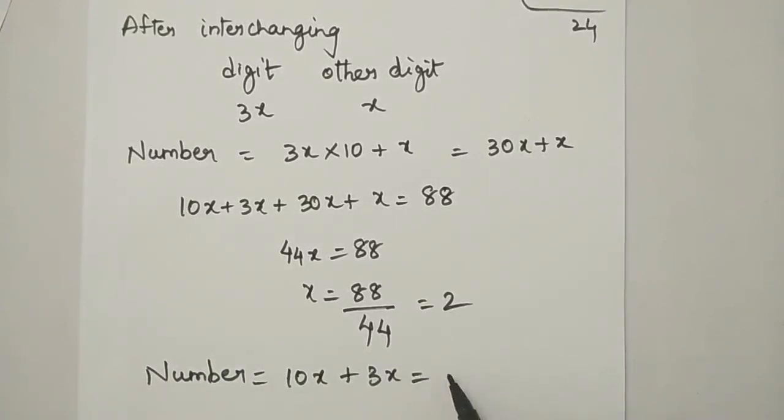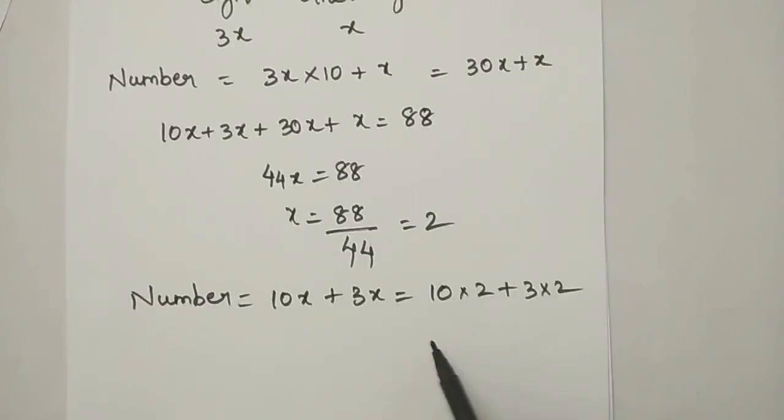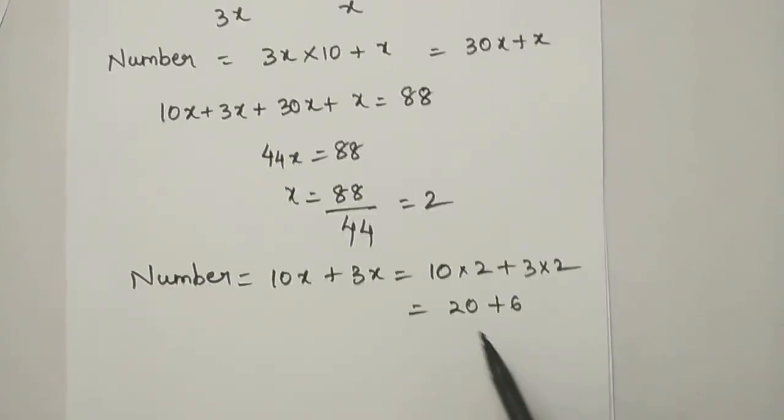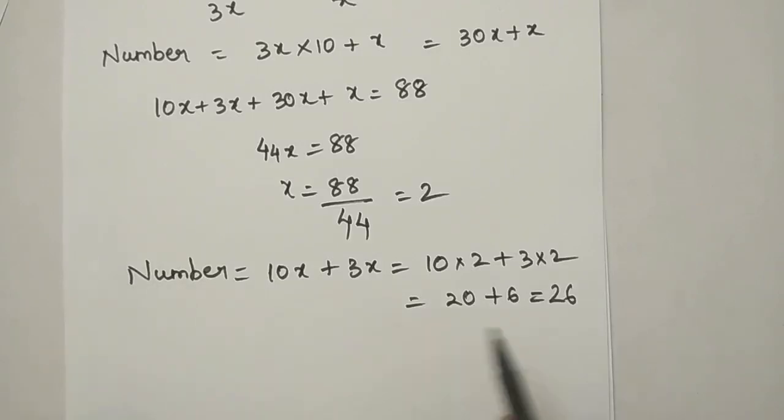In place of x write 2: 10 into 2 plus 3 into 2. This becomes 20 plus 6, so this is equal to 26. So this is the original number, which they asked to find.